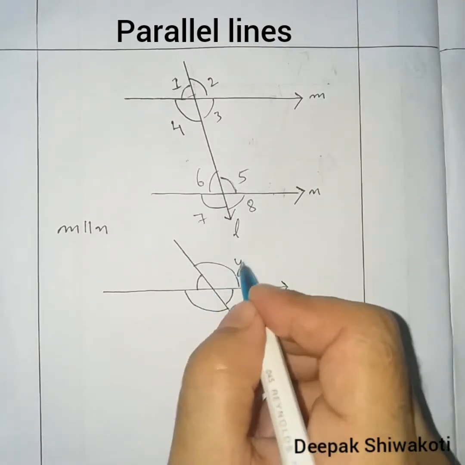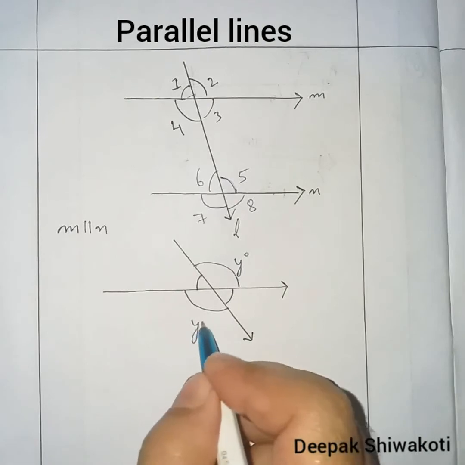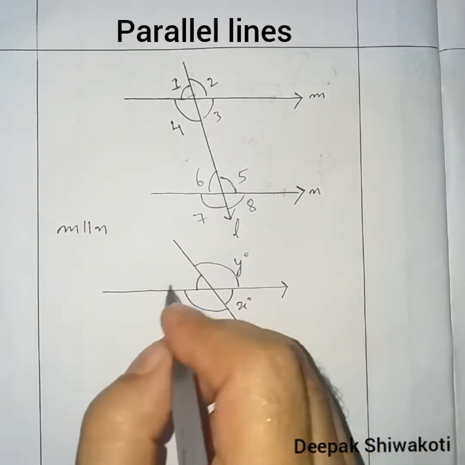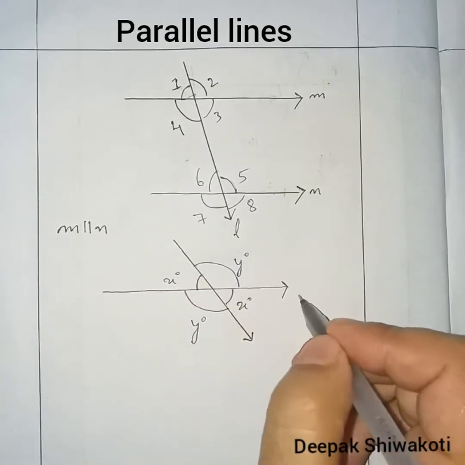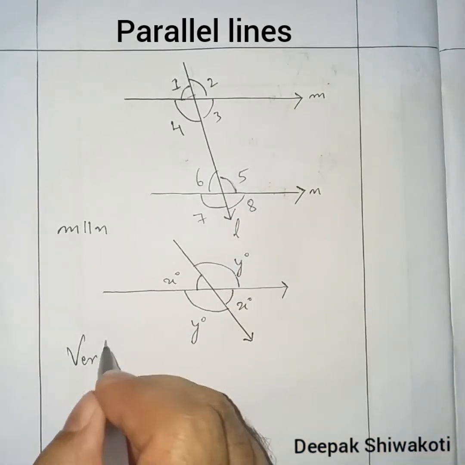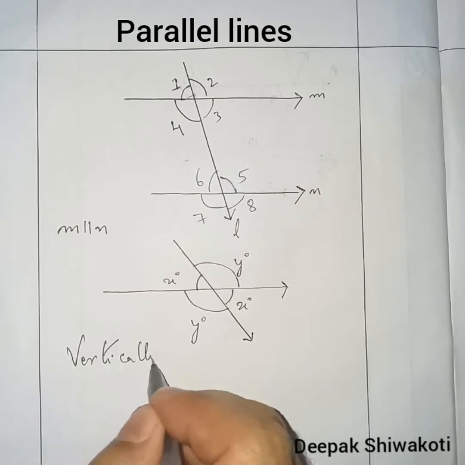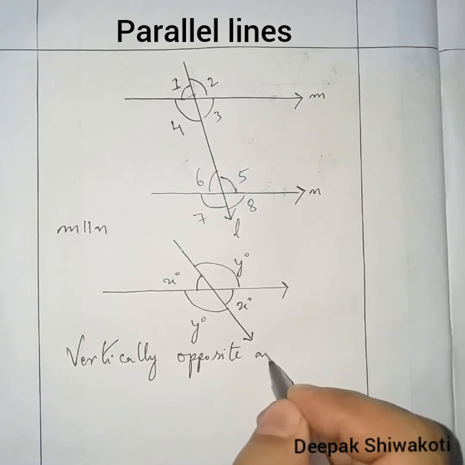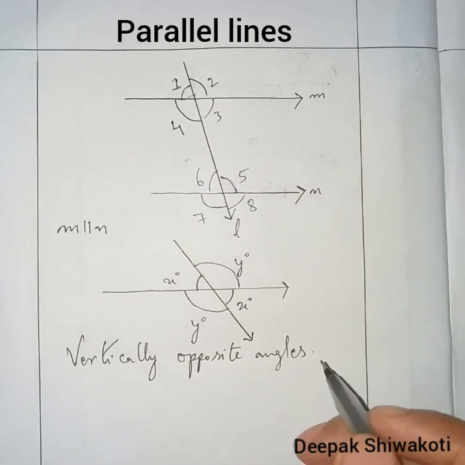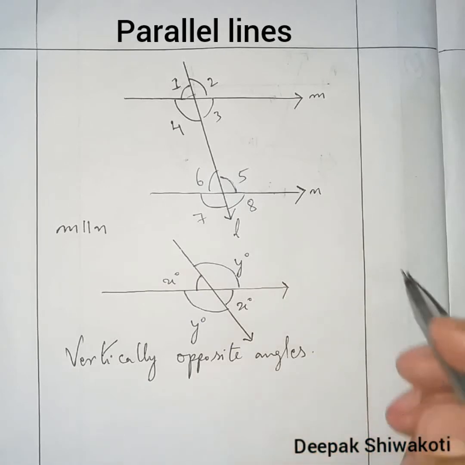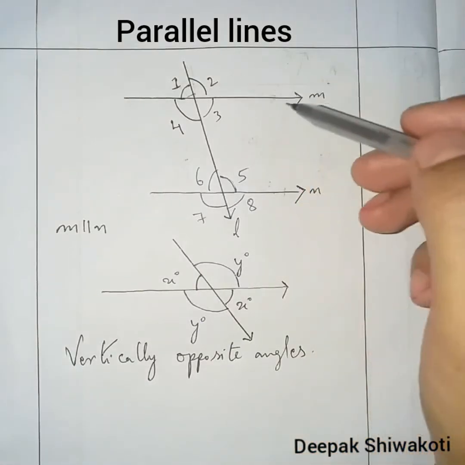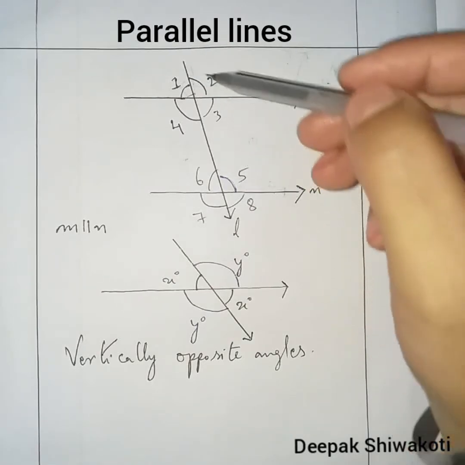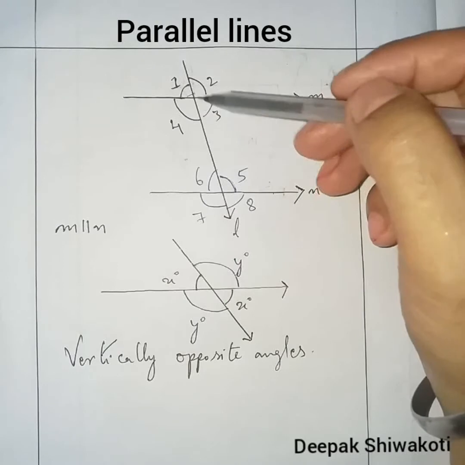Suppose this one is y degree, then this will also be y degree, isn't it? And if it is x degree, this will also be x degree. So these are called vertically opposite angles. Okay, so when we cut 2 parallel lines by one transversal, then the vertically opposite angles formed are equal.